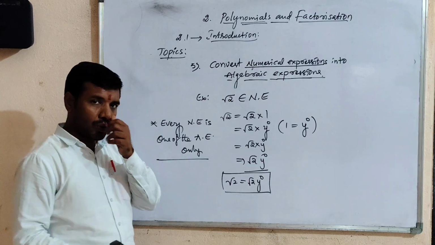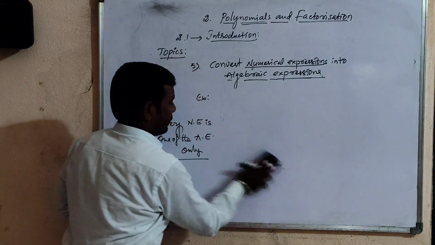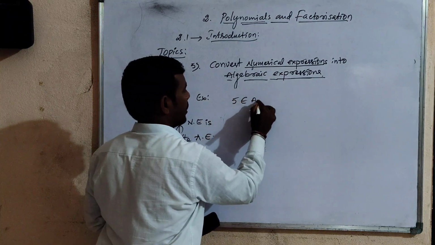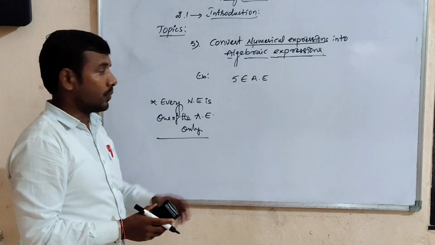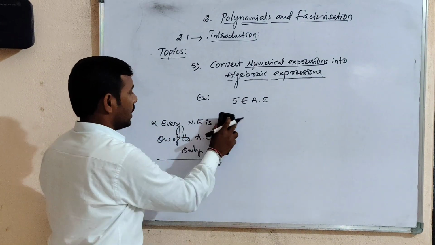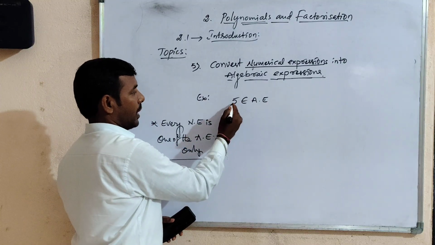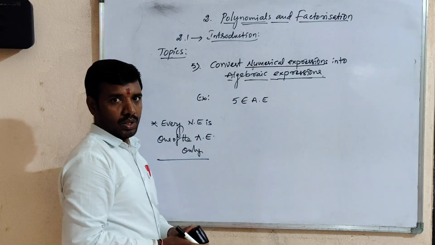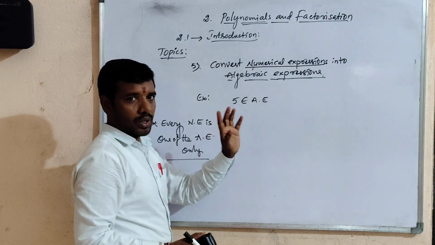Through this statement we conclude that 5 is also one of the algebraic expressions only. Pi is one of the algebraic expressions only. Pi is not connected with a variable, but based on this statement we can convert it. So for that reason, pi is one of the algebraic expressions only.